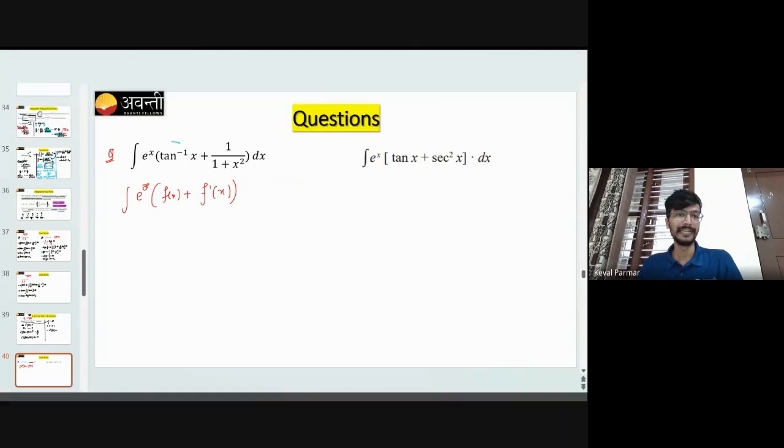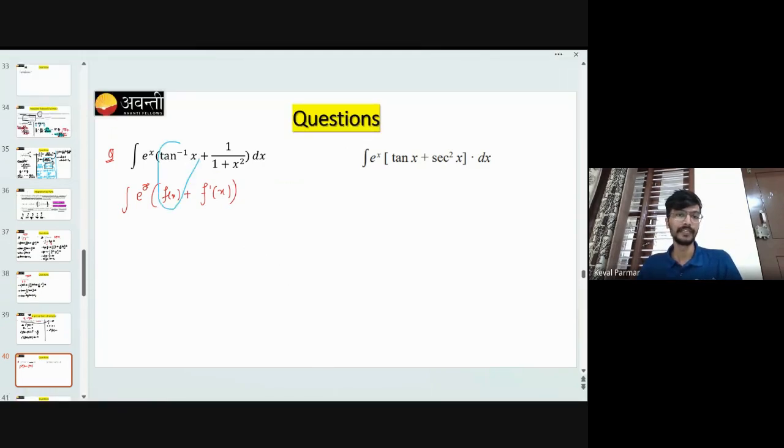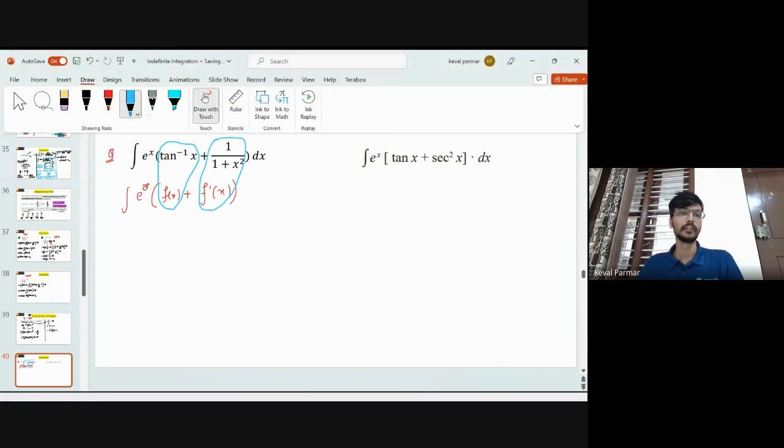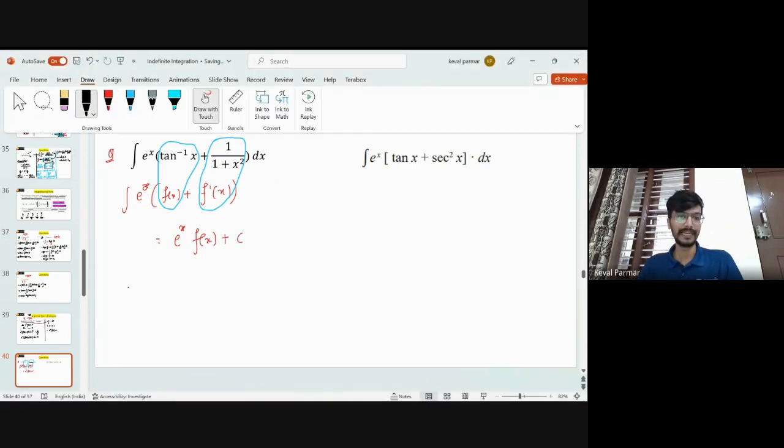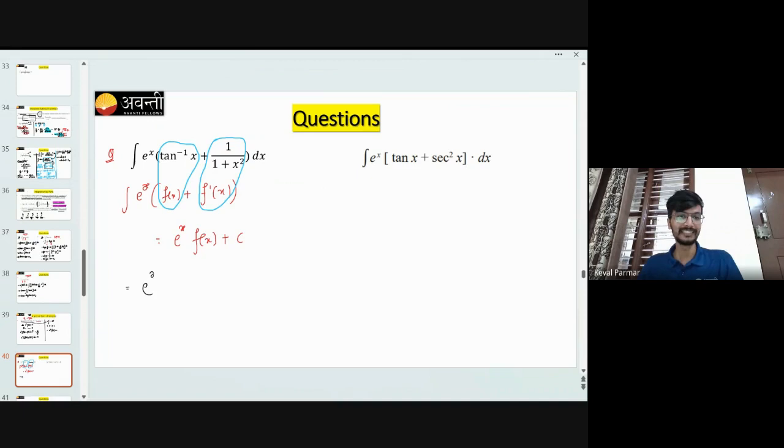In place of tan inverse x, we have f of x, and in place of this, we have f dash of x. So if you remember the answer, we can write directly e raised to x into f of x plus c. That means in my question, my answer will be e raised to x into tan inverse of x plus c. This is my answer.